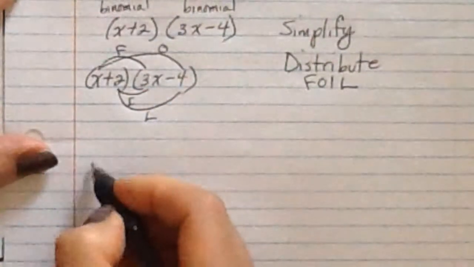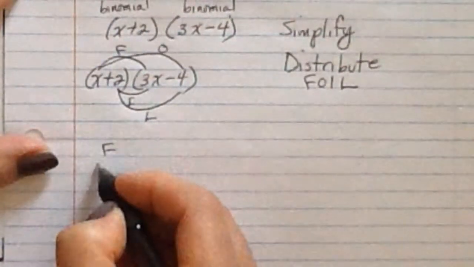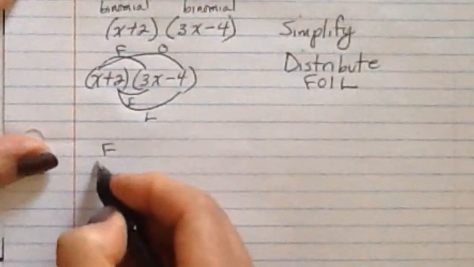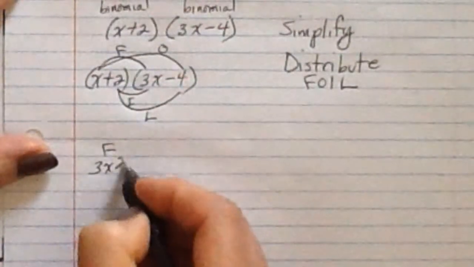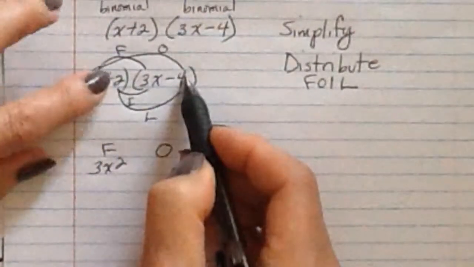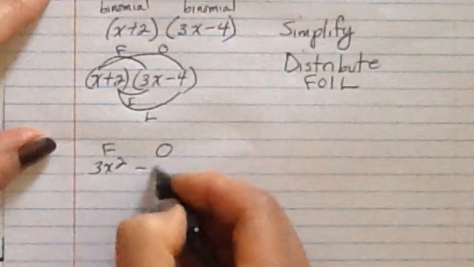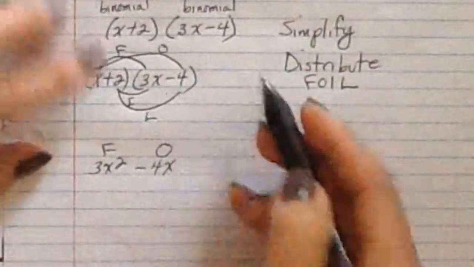All right, so I'm going to distribute my first terms, and I will get x times 3x, or 3x squared. My outer terms are going to be x times negative 4, so that's minus 4x.